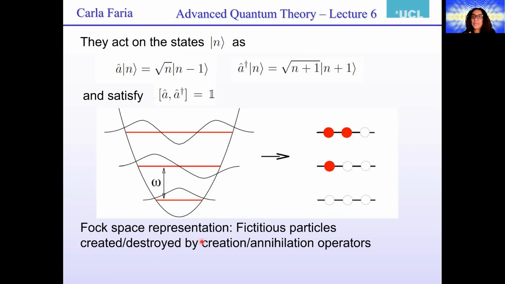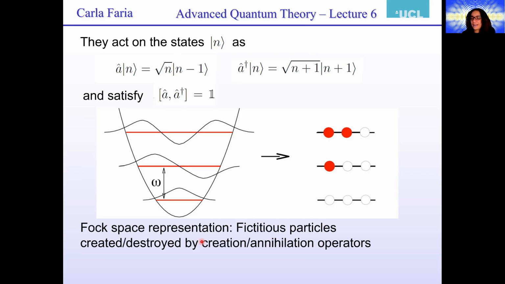So let's say if you give energy to make the system go from n to n plus 1, you are creating a fictitious particle in n plus 1. Or you can destroy a fictitious particle in n plus 1 and make it go to n. So you are creating a fictitious particle in n.